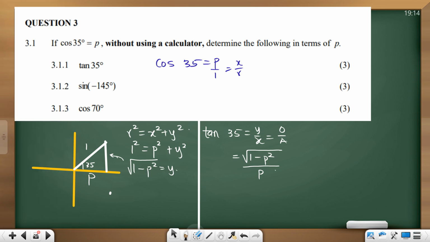To reduce, it is 35 minus 180, which is negative 145. So we know that sine negative 145 would be negative sine 35. We've done this now.